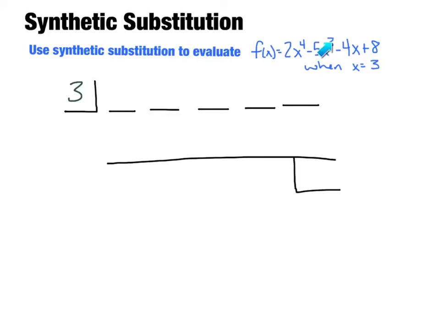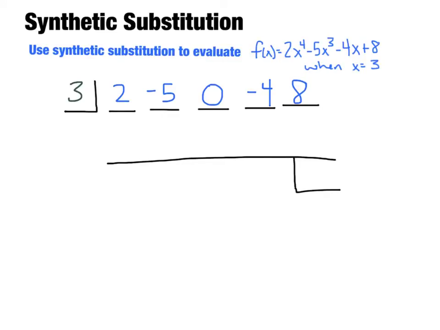We don't have any x squared. So in the x squared box, we'll put a 0. So I'm going to fill those in order of descending exponents. The coefficient of 2x to the fourth is 2, negative 5, there's no x squared term, negative 4, and 8.